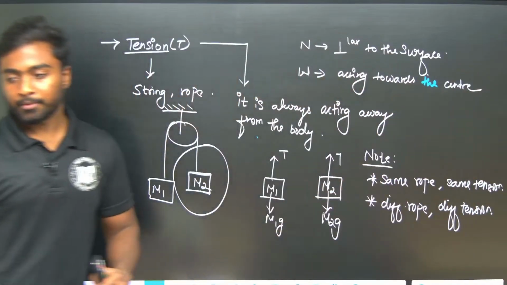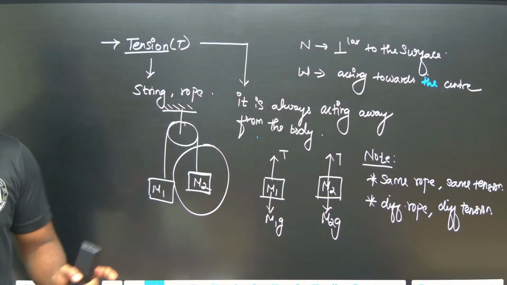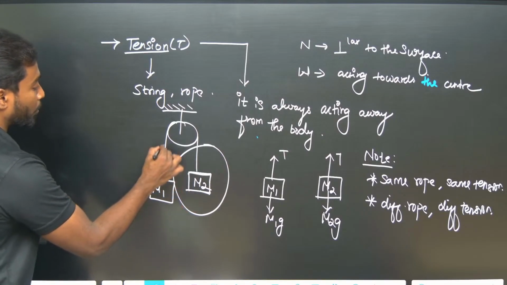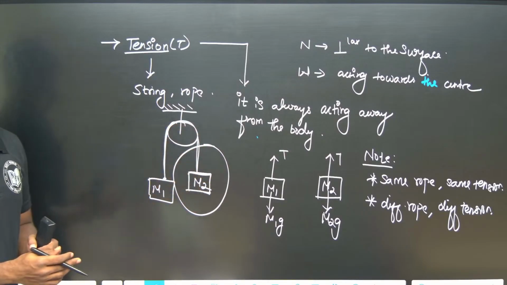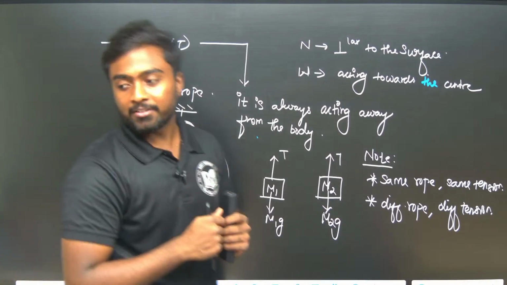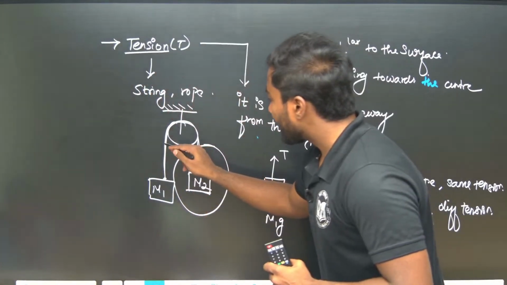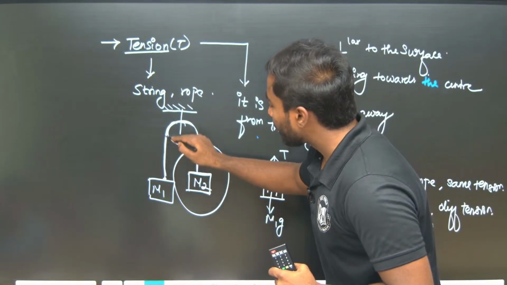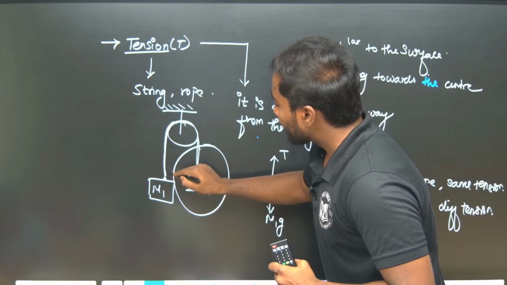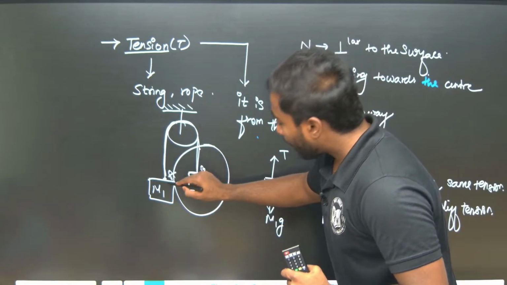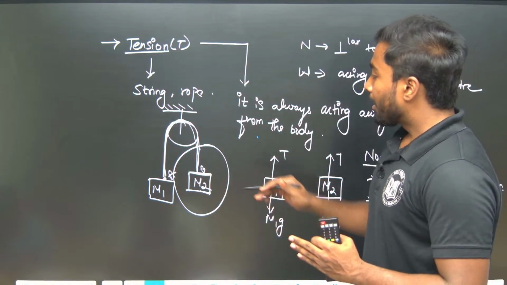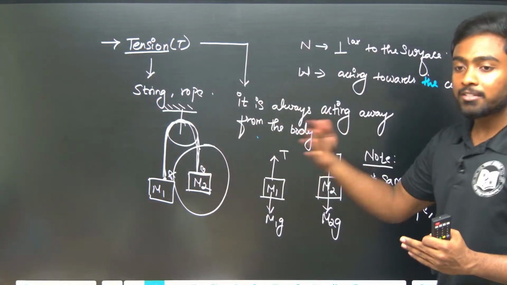So this is the main point. When I talk about this point to this point, it is connected with a single rope, and a single rope means same tension will be there. Whatever tension is acting at this point will be acting at this point also. Let me consider point A and point B. From point A to B, the tension will be same. If the rope changes, tension changes.